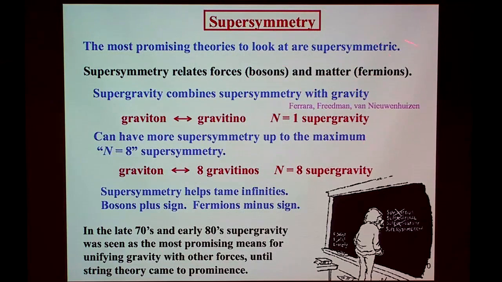So, what supergravity is, it takes this idea of supersymmetry and it combines it with gravity. So the idea is that, let's say you have a graviton, then what supersymmetry postulates is that there's a particle called a gravitino, which is a partner, a superpartner of the graviton.